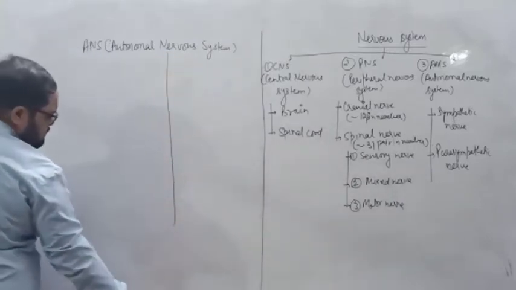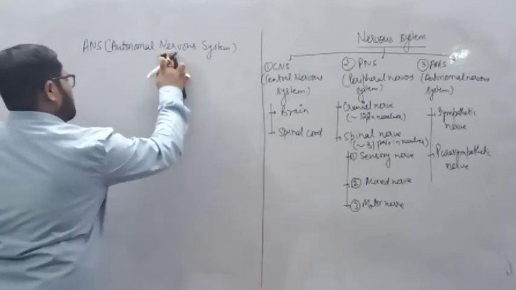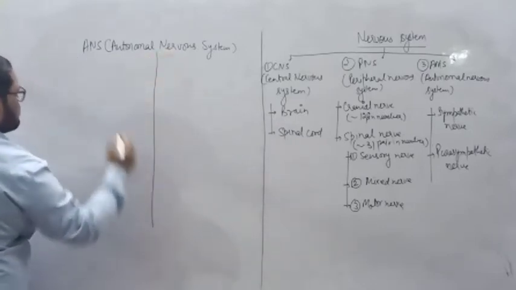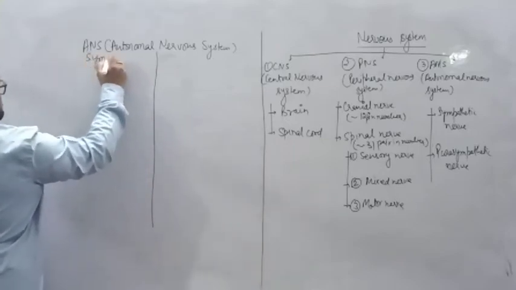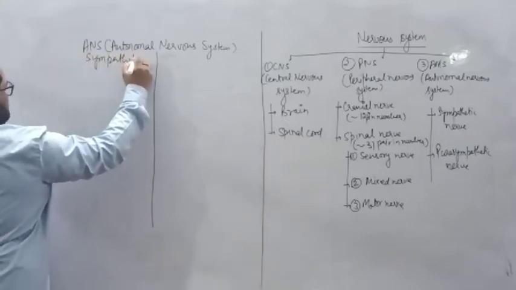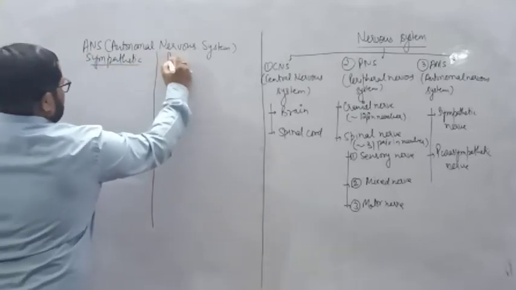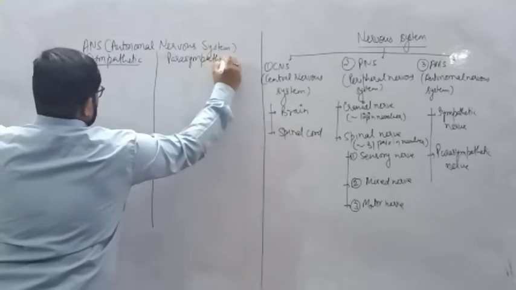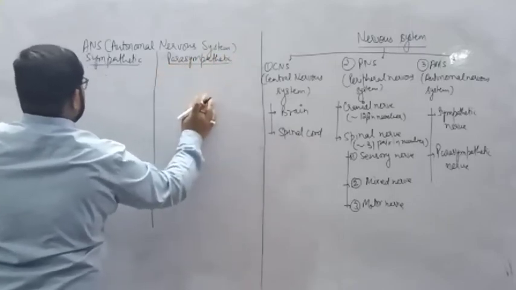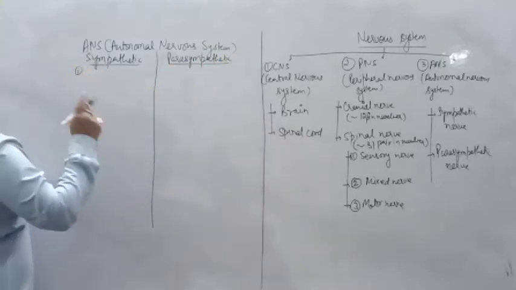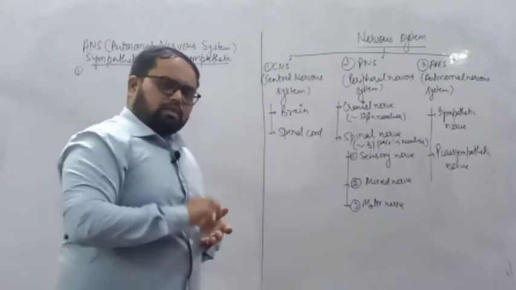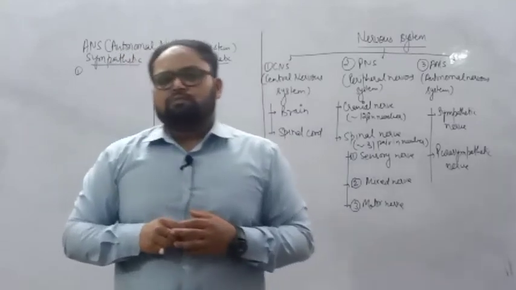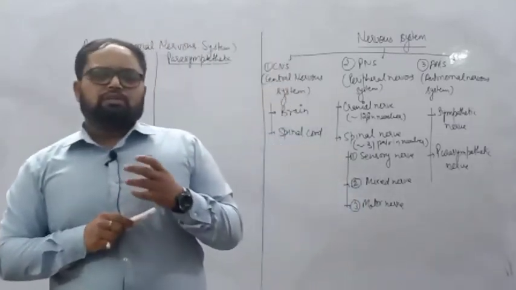Firstly we give the differences between the two: sympathetic and parasympathetic. Now I will give you one condition: fear. What things happen in the fear condition?